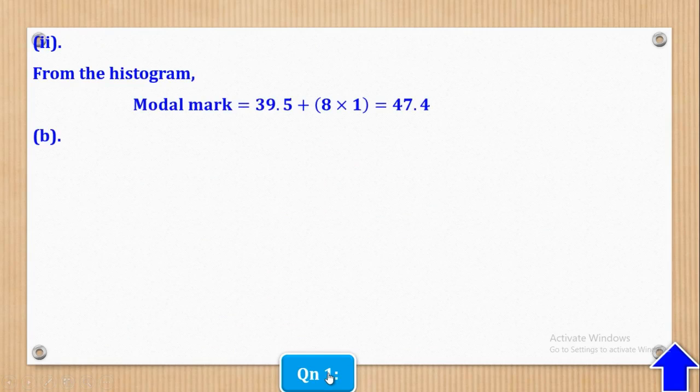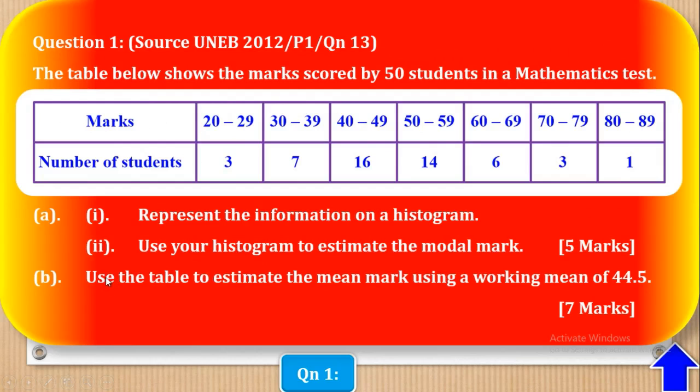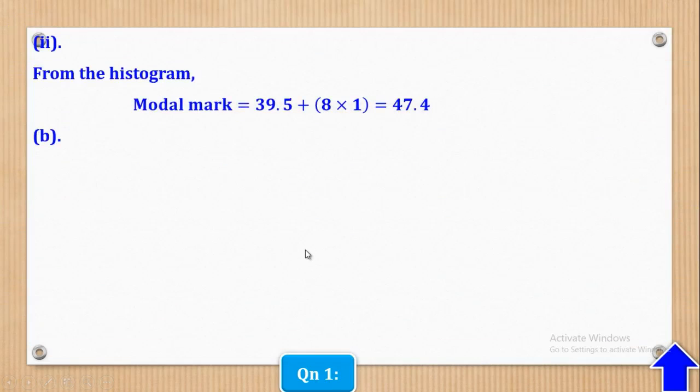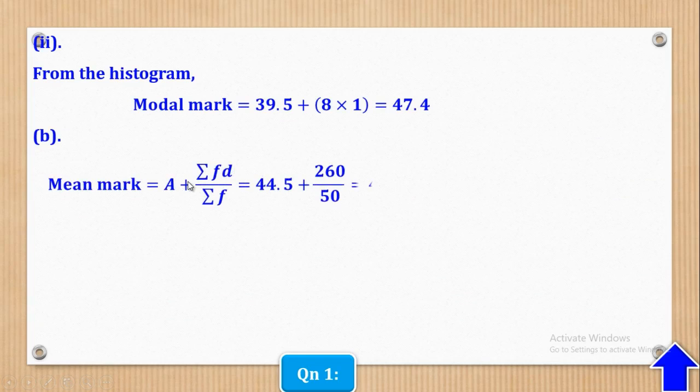So now we shall go to part B. Part B says to use the table to estimate the mean mark using a working mean of 44.5. Remember, when they are giving you the working mean, the formula will be A plus summation of FD over summation of F. Now A is the working mean, which was given as 44.5. Summation of FD is 260, as we saw in this table.